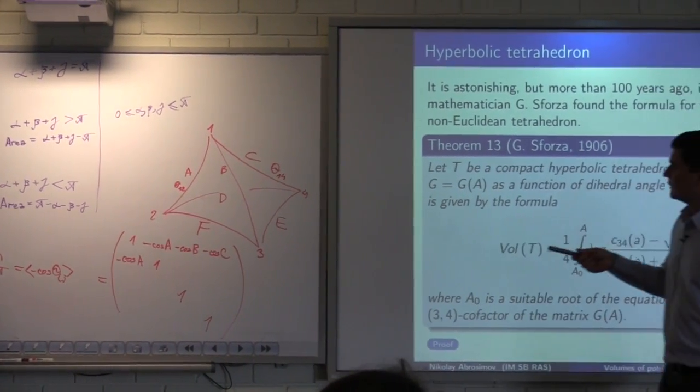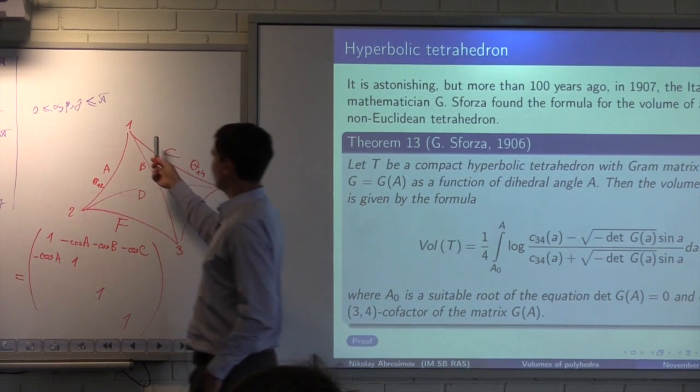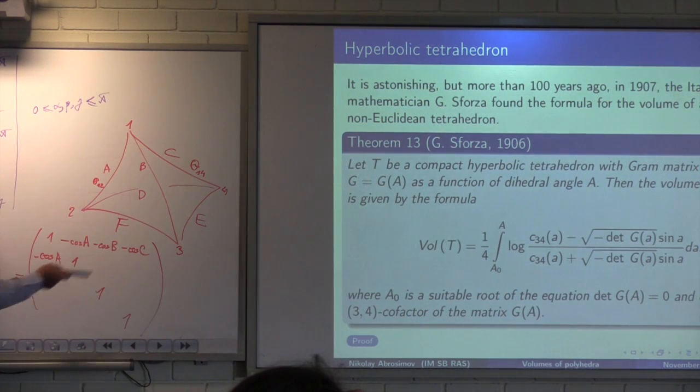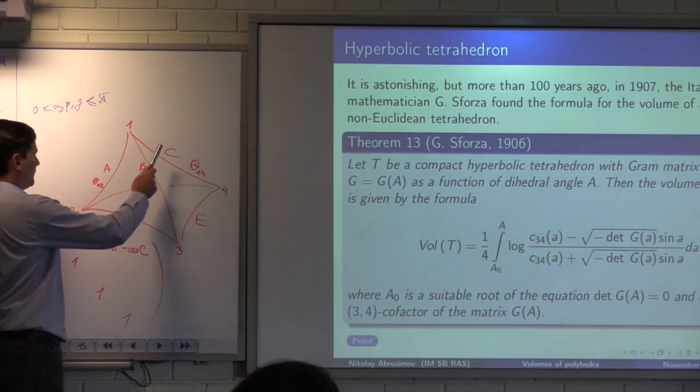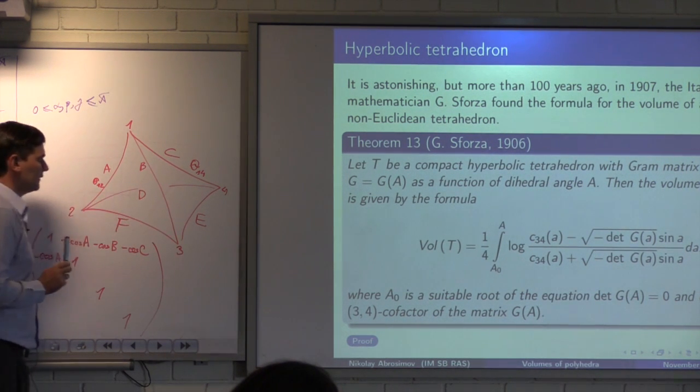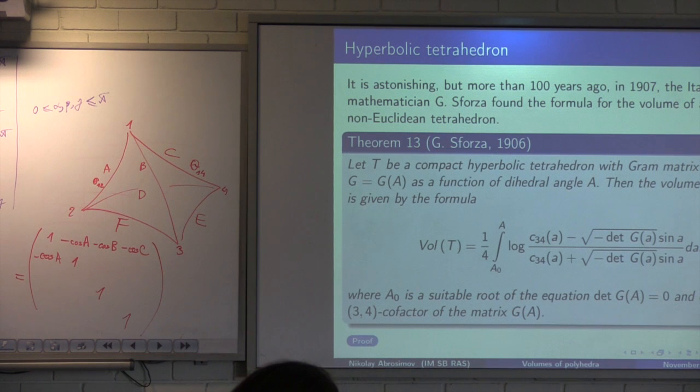The first trick is that we imagine that this tetrahedron is varying in such a way that 5 of its angles, B, C, D, E, and F, are fixed.